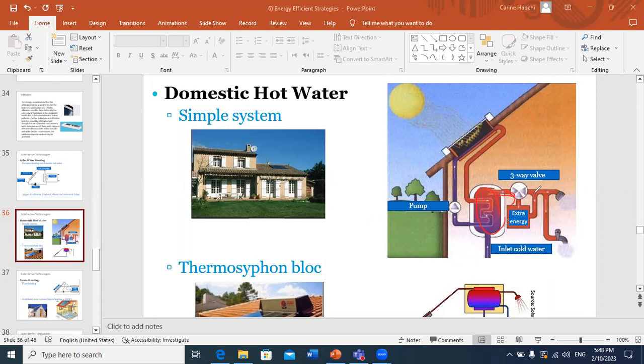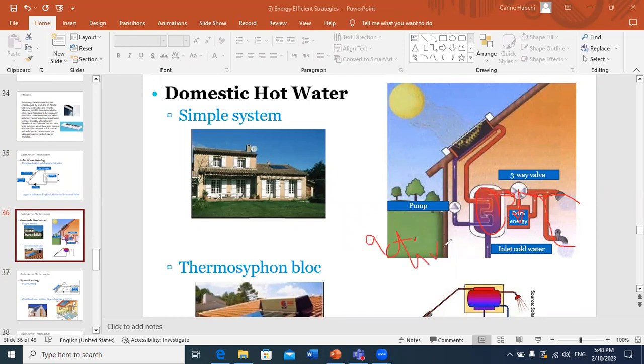In the distribution system, you can have several paths. So let's say one path for extra energy, you can store it, let's say, using thermal mass or using phase change material, etc. You can supply it directly, let's say, for domestic hot water needs. This is an active system because we have a pump.